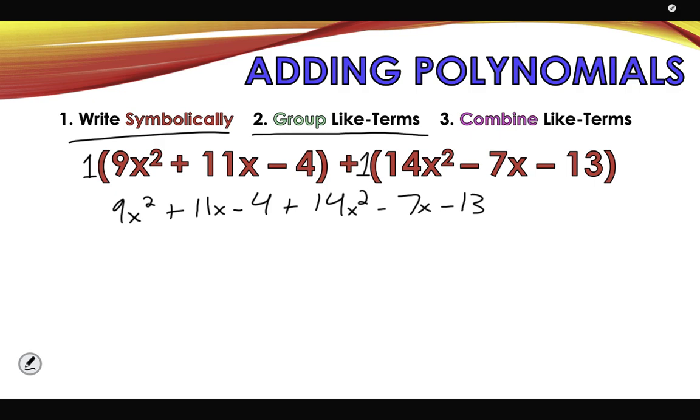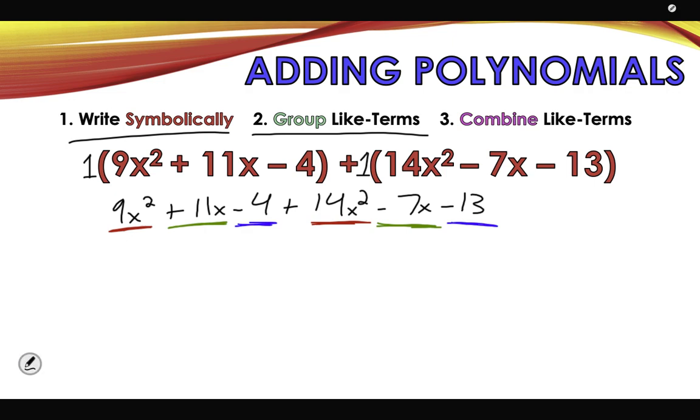Then group like terms. If I kind of color code this a little bit, I have some things with an x squared, I have some things with an x, and I have some things that are just a constant. Only x squared stuff gets to add together with other x squared stuff.